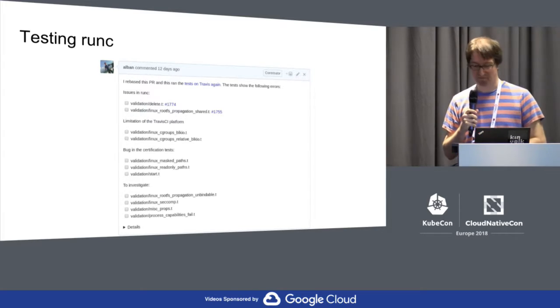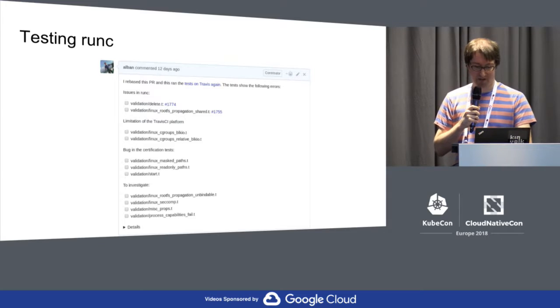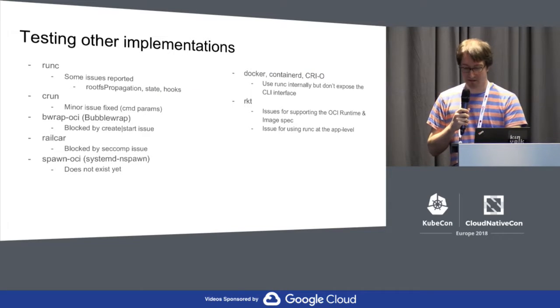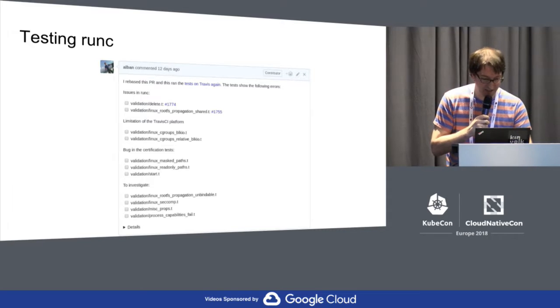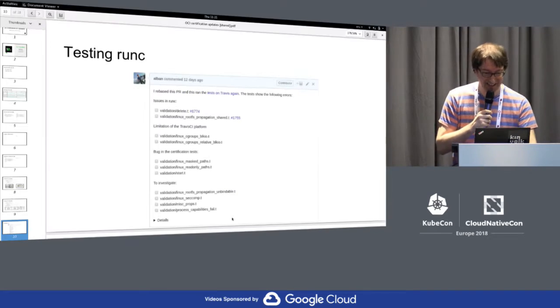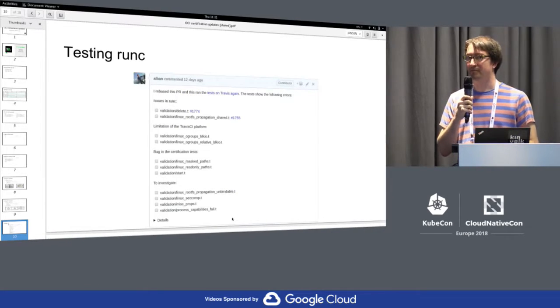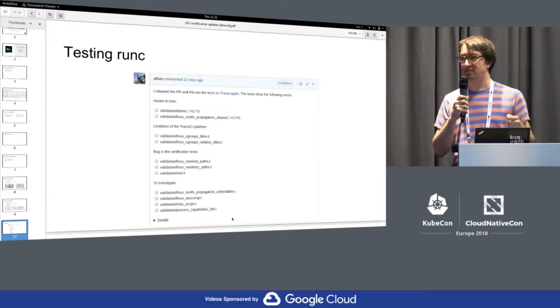I'm not quite sure. So yeah, I put the links to the issues. It's a good question. I think it's runc. It's on a pull request for adding tests with integration with OCI.